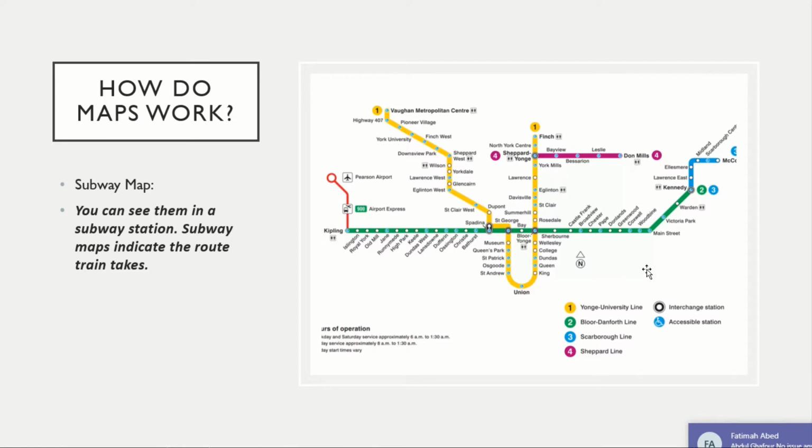And this is the key of the map, which is unblocking the information or answers. For example, this blue line is for stations accessible to handicapped people, the green line shows the Denver line, and the yellow line shows the University line. So these are the two types of metro, and they have different destinations. You can see across that these are the destinations for them, and this yellow line shows the different destinations for that.